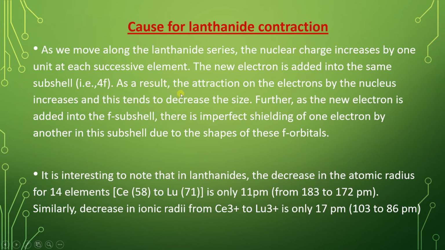As a result, the attraction on the electrons by the nucleus increases, and this tends to decrease the size. Further, as the new electron is added into the F subshell, there is imperfect shielding, very important. There is imperfect shielding of one electron by another in this subshell due to the shapes of the F orbitals.